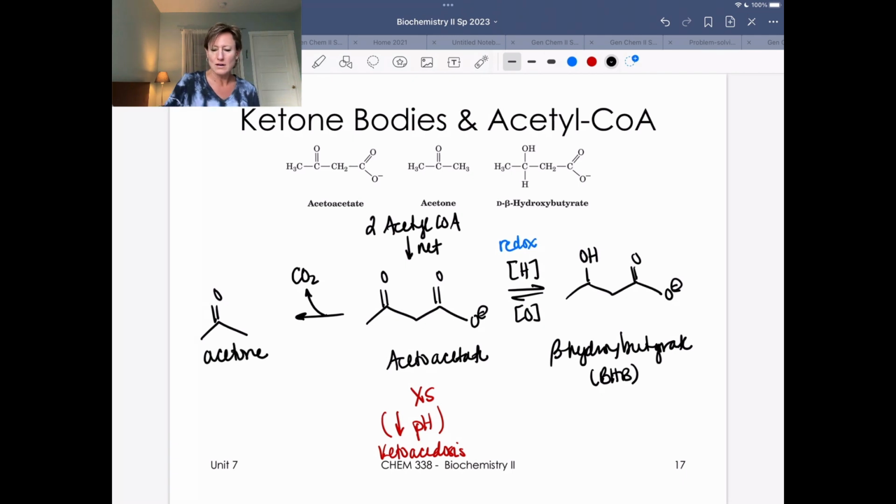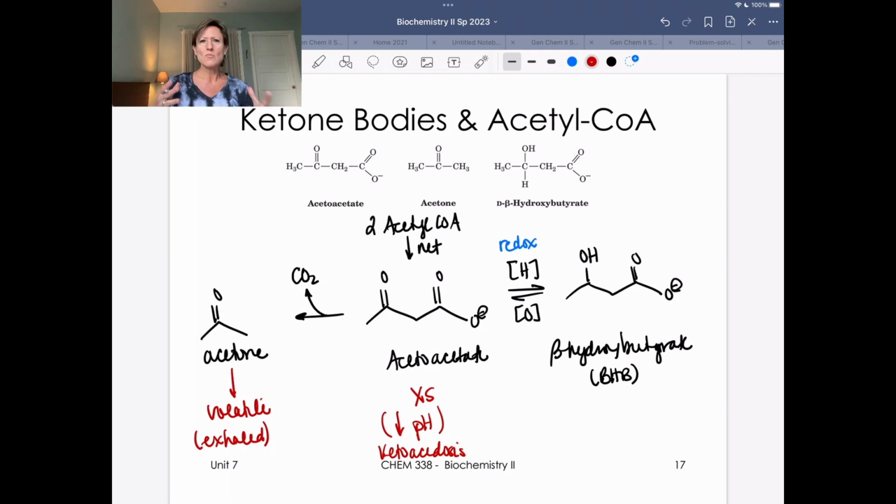What's important about acetone is that it's volatile, so it can be exhaled out. So someone in a state of ketoacidosis has excess levels of acetoacetate. One of the ways your body can try to get rid of that excess acetoacetate is to convert it by decarboxylation to acetone. Acetone being volatile, you can breathe it out through your lungs.